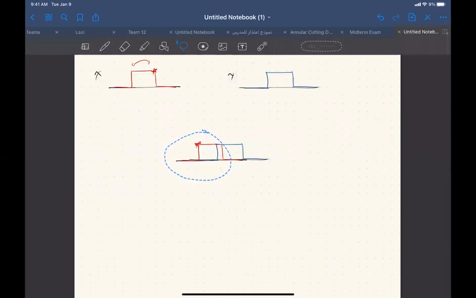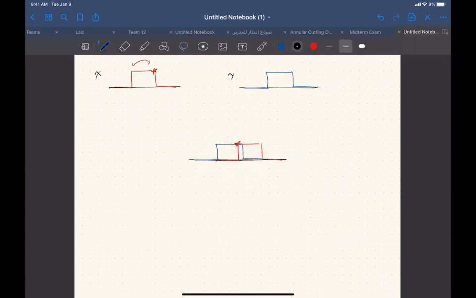Then you move it a little bit further, multiply them together, add the value. When they're totally overlapped, that's when you get your maximum value. Then you keep moving it, and the value decreases, because here and here there's a 0 and a 0, so all those values go down to 0.